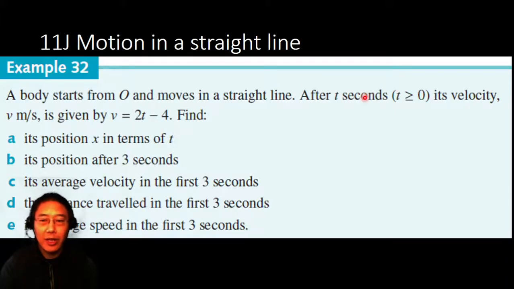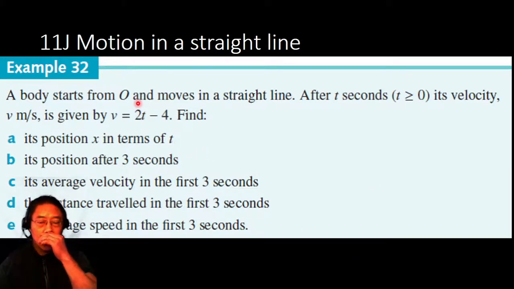Notice for the t variable, it's defined only for the positive values, and there are some preconditions. A body starts from the origin and moves in a straight line. The fact that it starts from the origin tells you that when t equals 0, the position x has to be equal to 0.